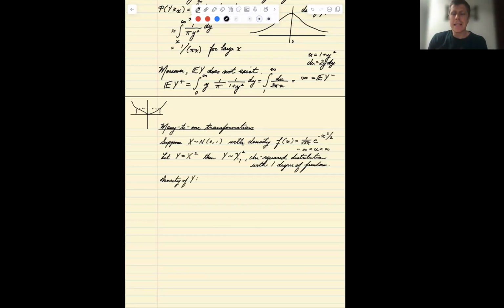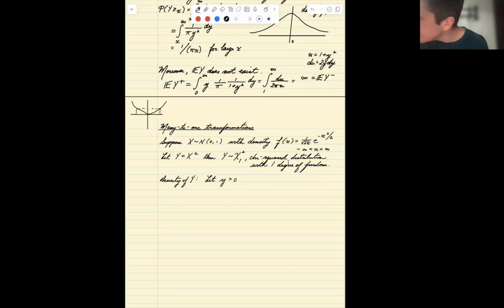So what can we say about the density? Well, we don't have a change of variables formula for the density just yet, because what we previously did was only for a monotone transformation, and this is not a monotone transformation. But we can still do this by working through the distribution function.